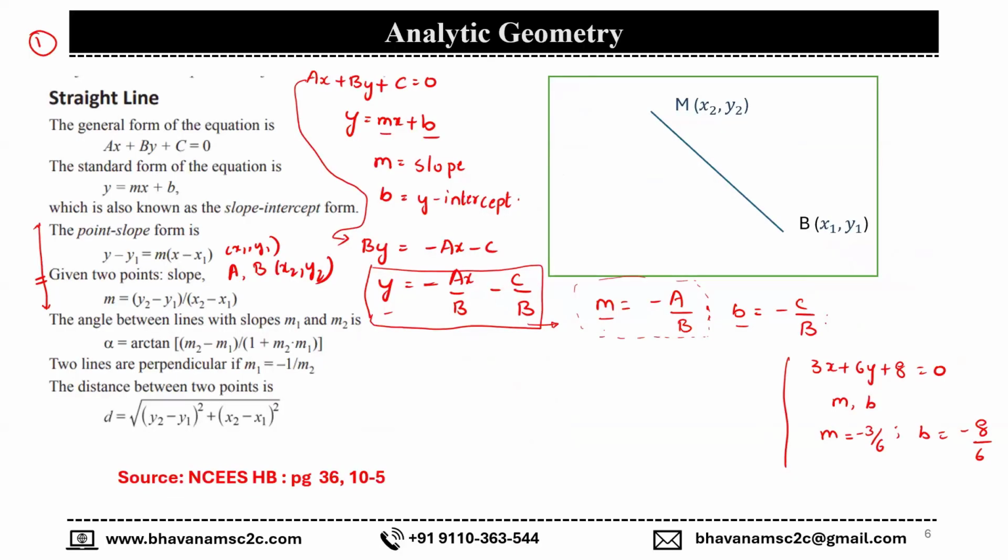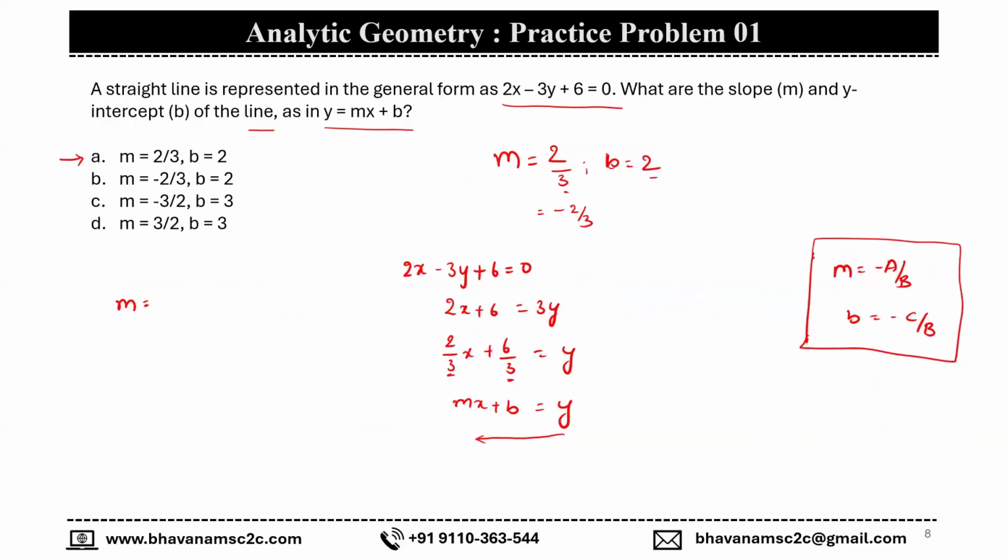So you're absolutely right. Here, what's your b value? It's minus 6 by 3. I was having the same doubt, but we are not moving the A and C to the left.